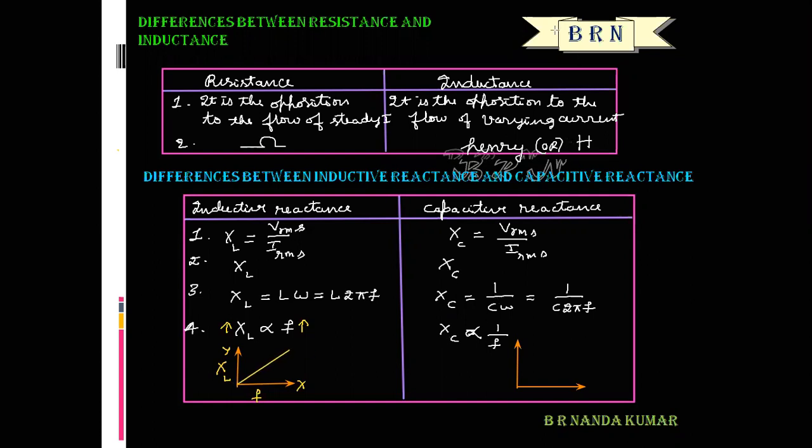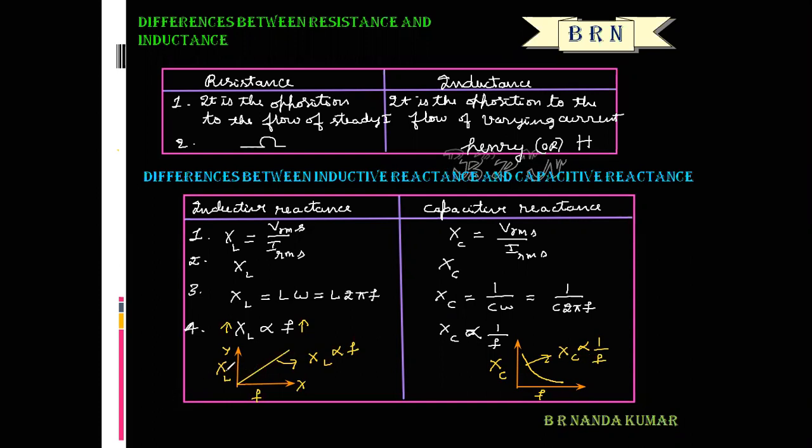But in the case of a capacitive circuit, as the frequency of applied AC voltage increases, the capacitive reactance decreases. Here we get the decreasing curve. This curve shows Xc is inversely proportional to frequency, and this line shows XL is directly proportional to f.